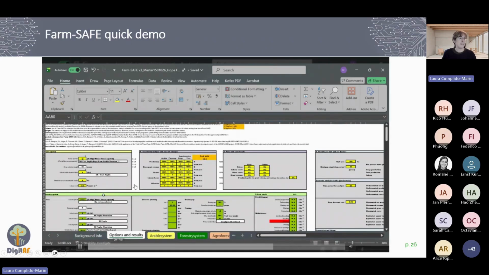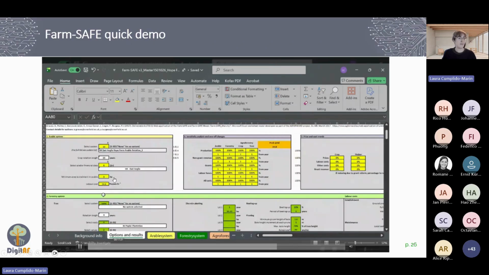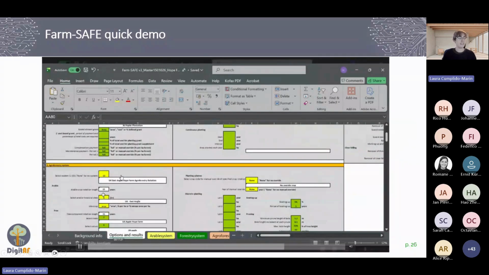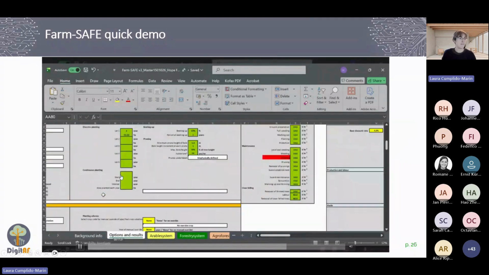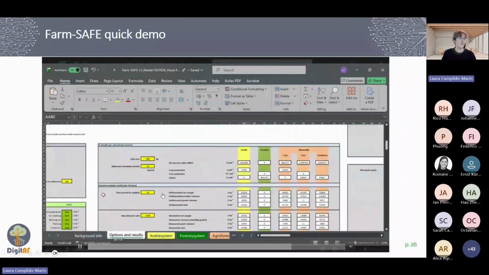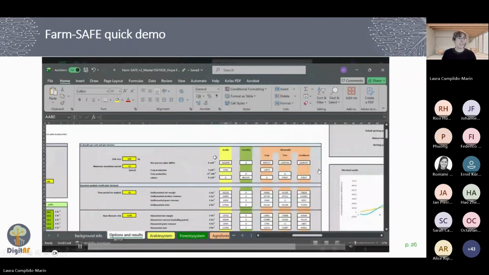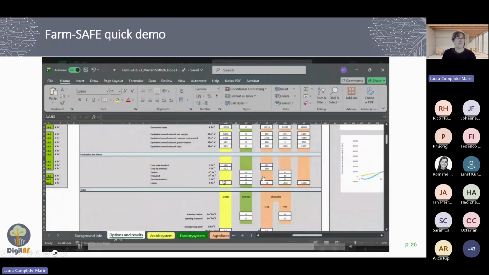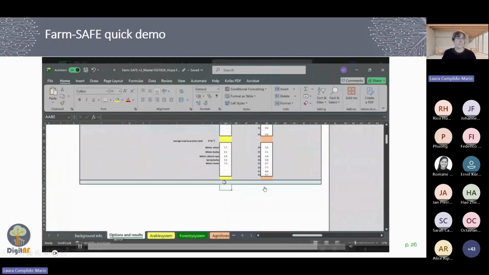In this tab is the manager tab, where we can select the databases that we have inputted before, and we can observe all the results in this big table for the three different systems: arable, forestry, and silvoarable system that combines all the systems that you wish.